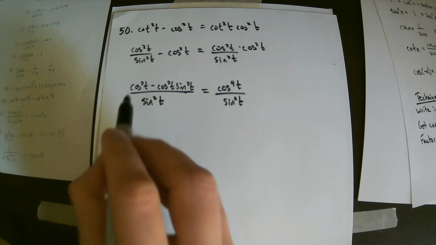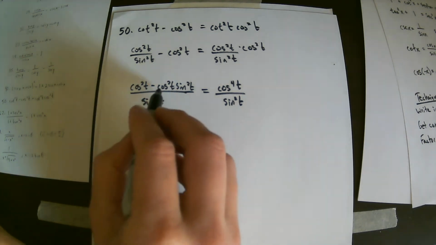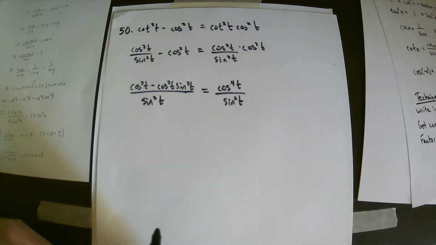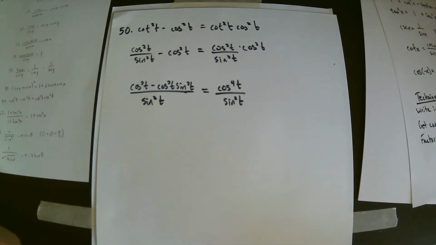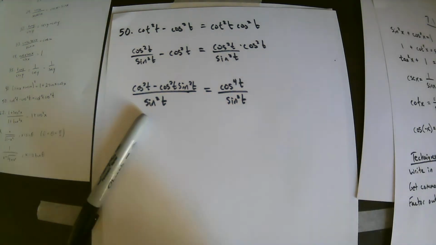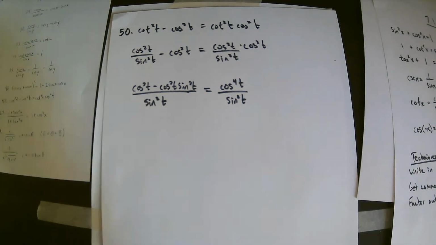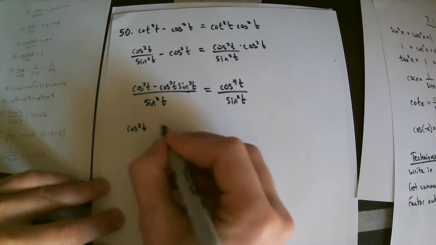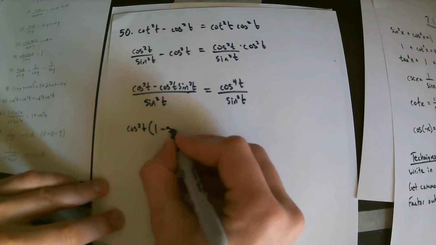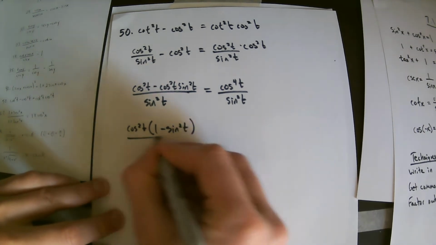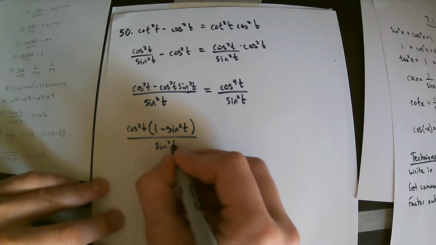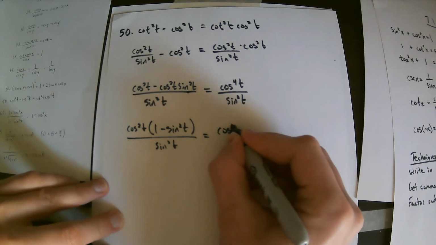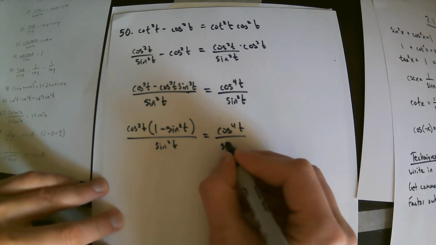I'm going to replace one of these cosines or sine squared with one of my Pythagorean identities. Or actually, easier thing to do: factor out cosine squared t, leaving me with 1 minus sine squared t, all over sine squared t. And I'm not messing with the right-hand side.